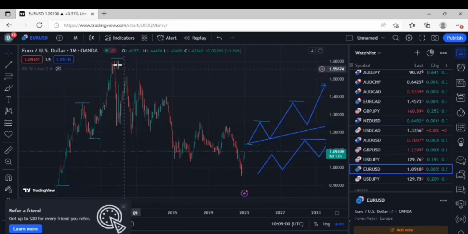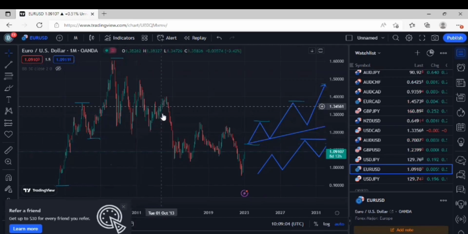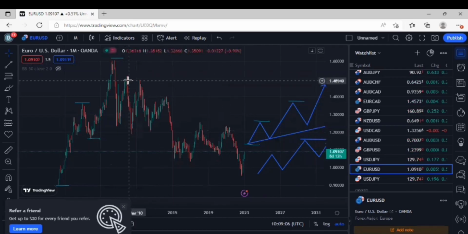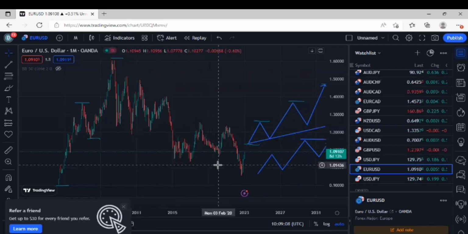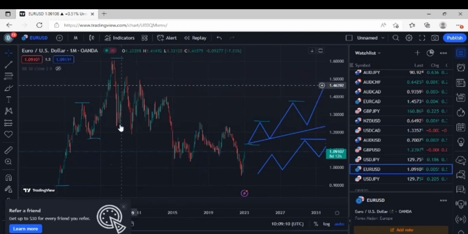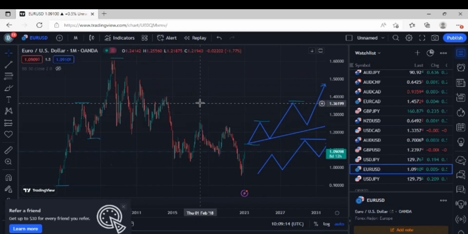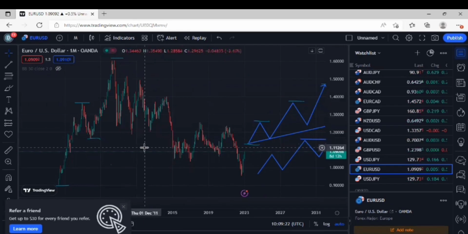But when you see it printing lower high, lower low, lower high, lower low, and so on, you have a downtrend. So that is all you need to know about market structure, and now you can use it to improve your trading, because that is what is going to give you the direction of the market, and let you know whether the trend is going to continue or reverse.